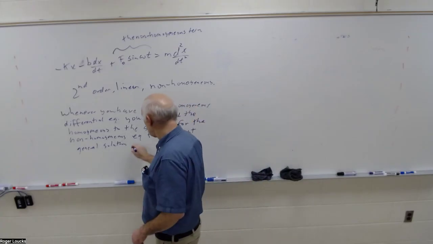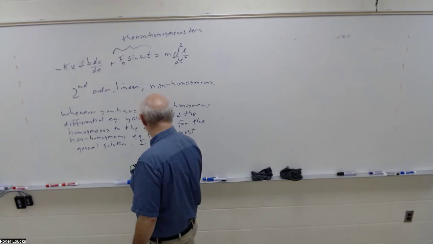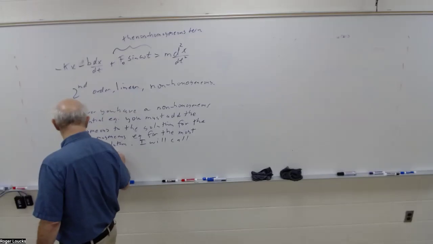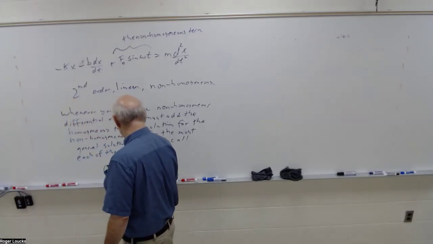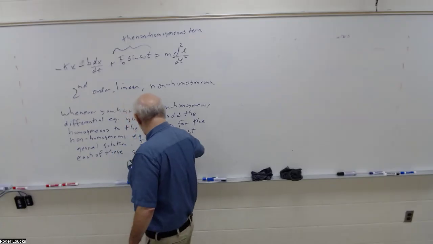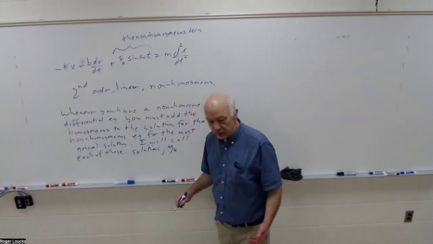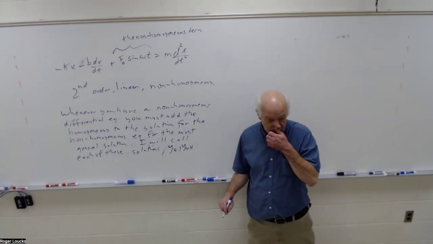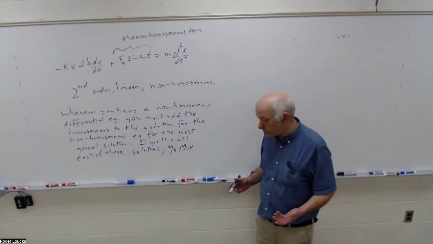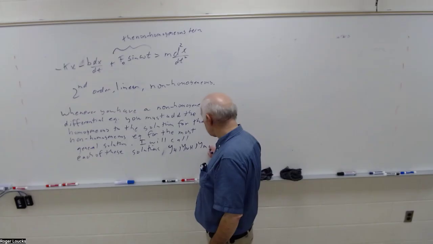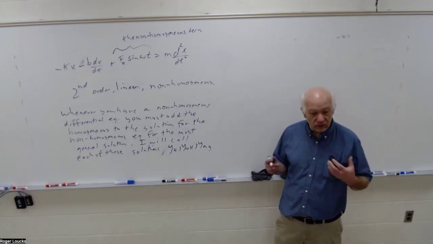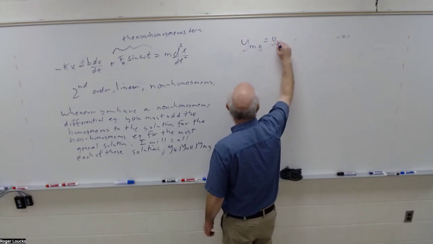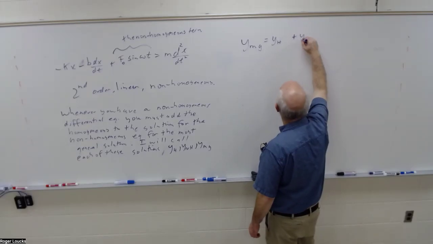I will call each of these solutions YH, for the homogeneous solution; YNH, the solution to the non-homogeneous equation; and Y most general for the most general solution. The claim is that Y most general is YH plus Y non-homogeneous.